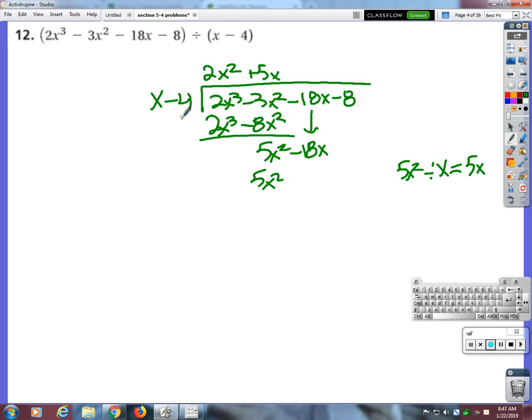And then 5x times negative 4 is negative 20x. Okay? 5x squared minus 5x squared cancels. Negative 18x minus negative 20x is really negative 18x plus 20x. What does that give me? 2x, yeah.